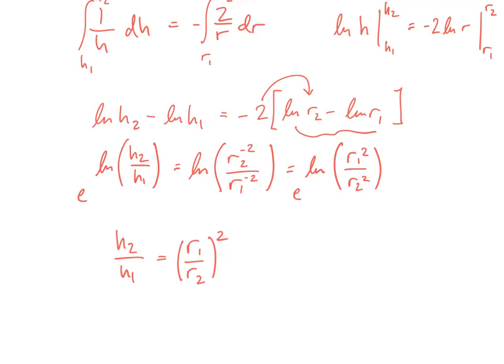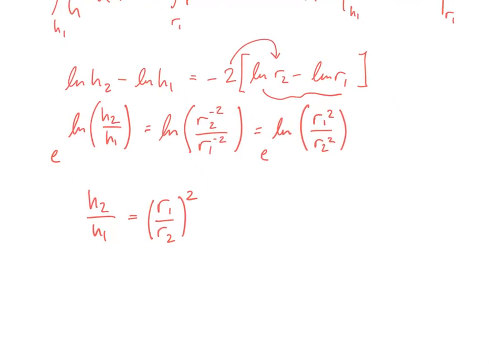And what this means is that if I increase the radius by a factor of 2, then r2 equals 2 times r1. Then if we plug that into this equation, h2 divided by h1 is going to be r1 over 2 r1 squared.